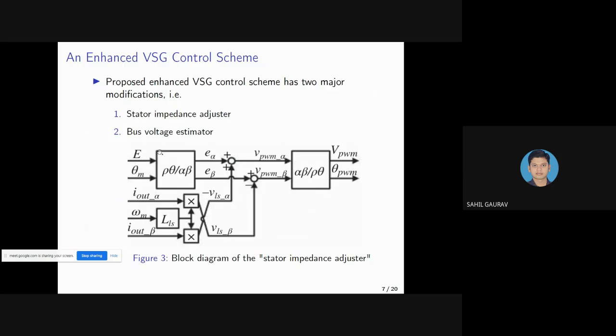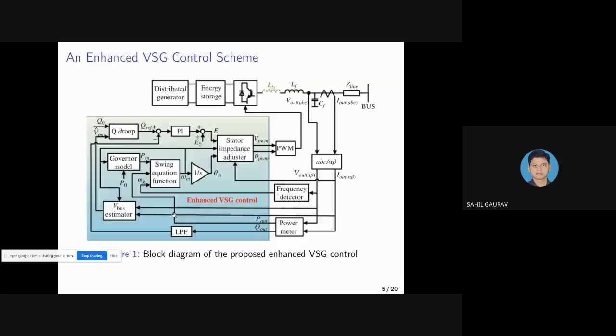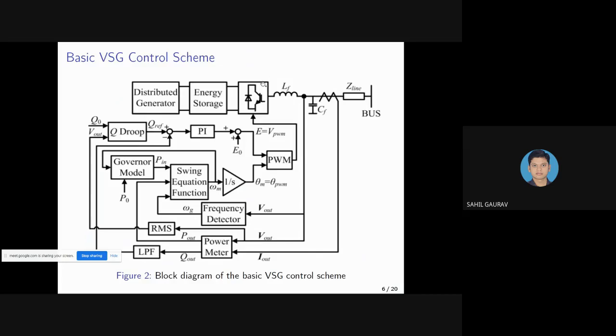This is considered as the rho theta frame, and it is converted into the alpha beta frame. We will see how this transformation works in the upcoming slides. So we get E alpha and E beta, and L LS is the virtual stator inductance. One important point I left out is that this virtual stator inductance is added in the enhanced virtual synchronous controller scheme, but not in the basic VSG controller scheme.